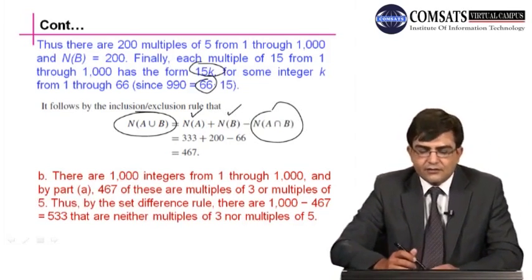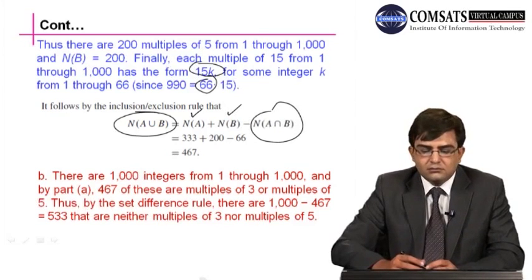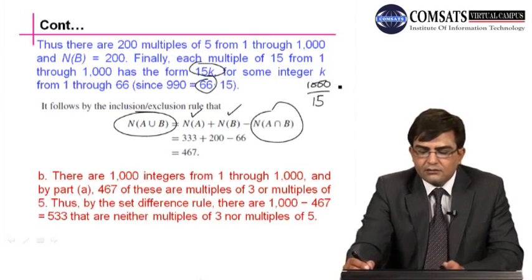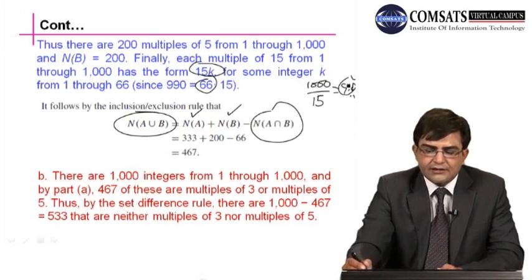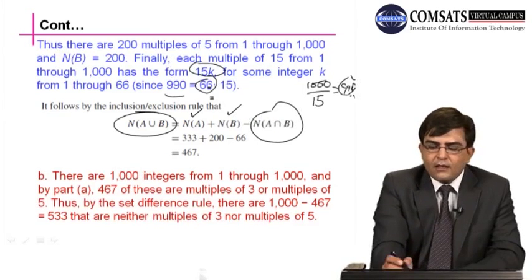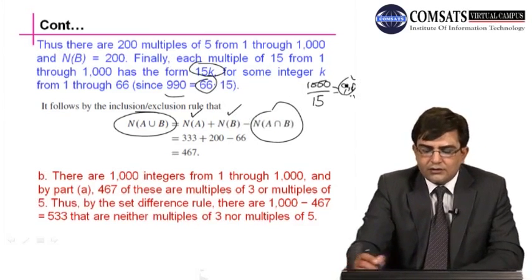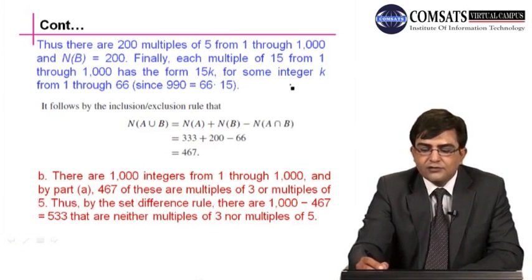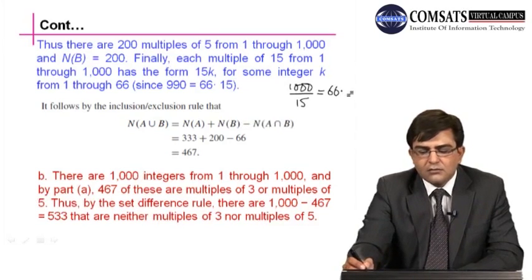There are 66 integers which are multiples of 15 from 1 through 1000, because if we divide 1000 by 15, we get something like 66 point something.